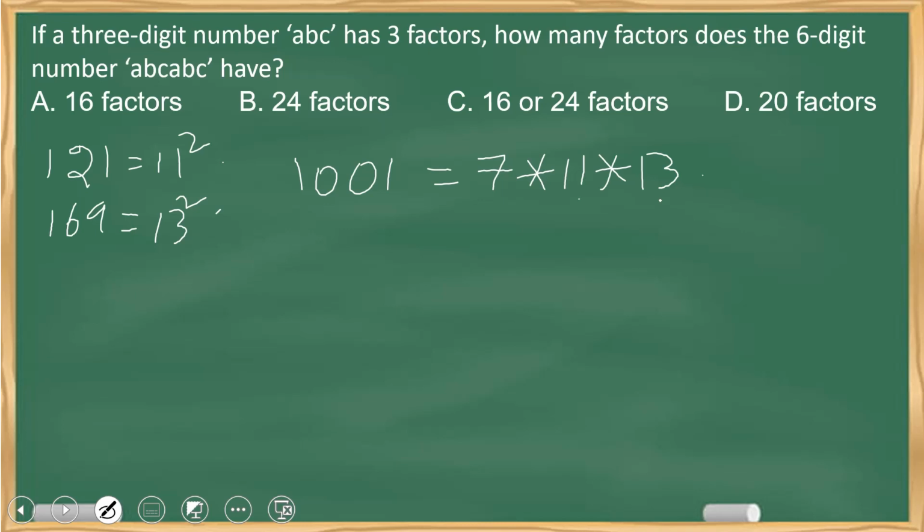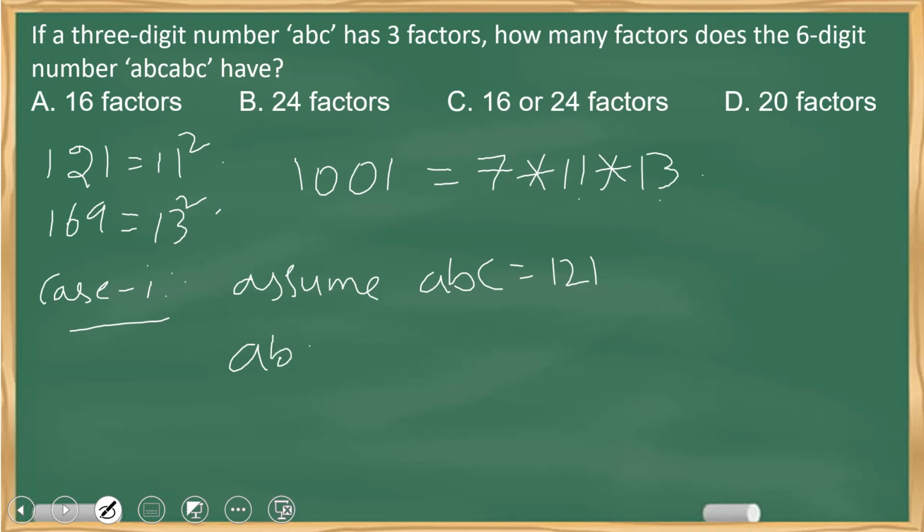Now take the example 121. Case 1. Assume ABC is equal to 121. Then ABCABC will be what? 121 into 1001, that is equal to 121 into 7 into 11 into 13.